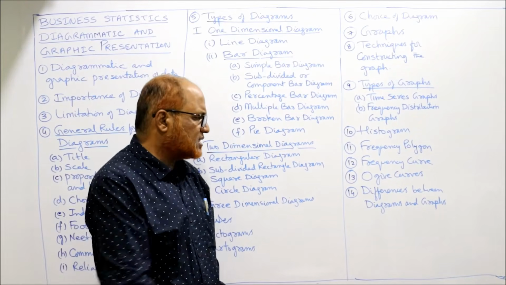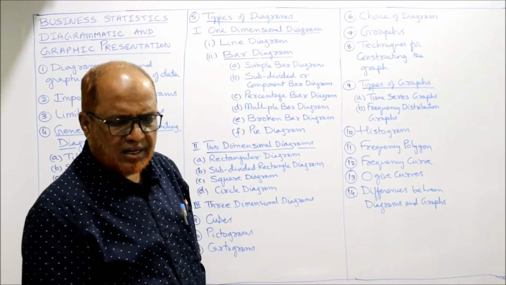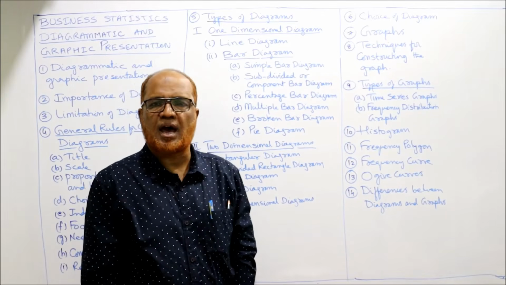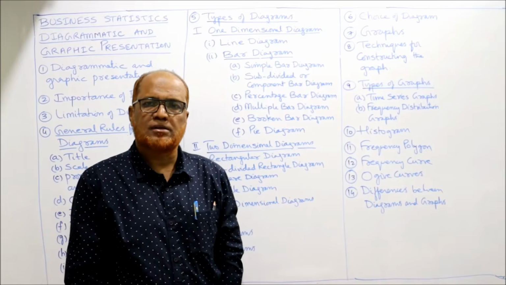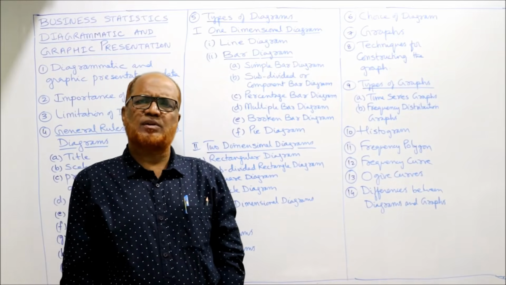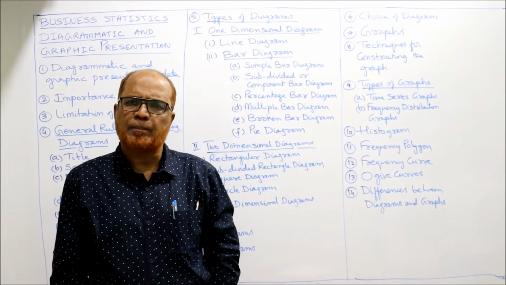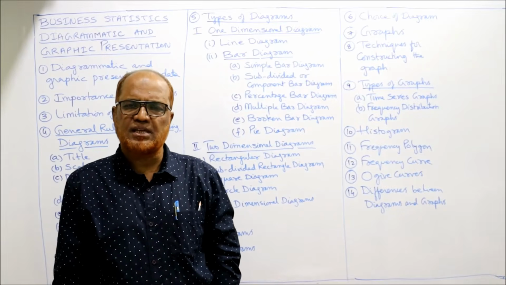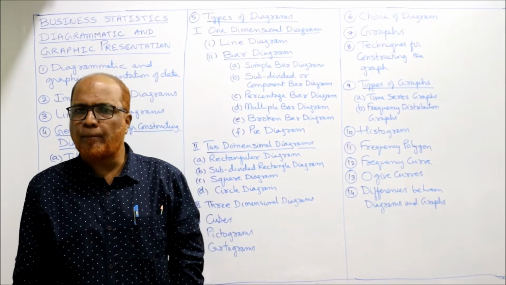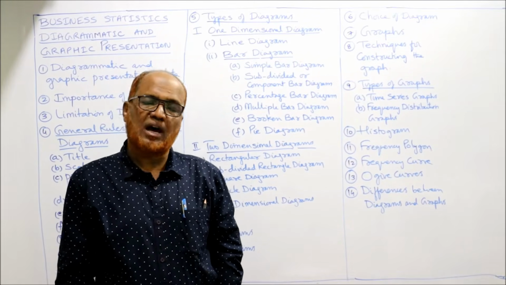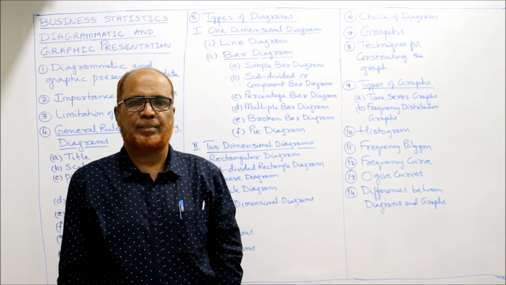The last and final discussion of this topic is the differences between graphs and diagrams. There are some differences between diagrams and graphs. Both are pictorial, but the difference is that diagrams can be drawn on plain paper, whereas a graph is drawn on graph paper.